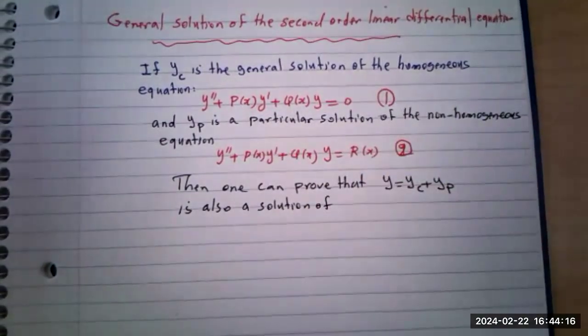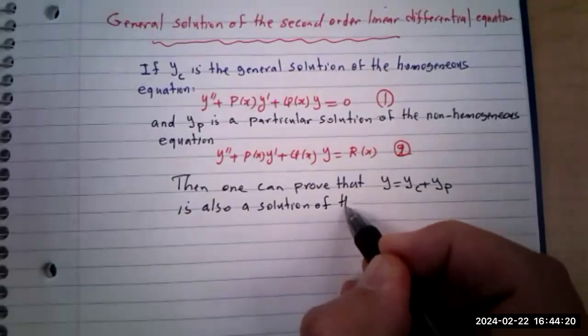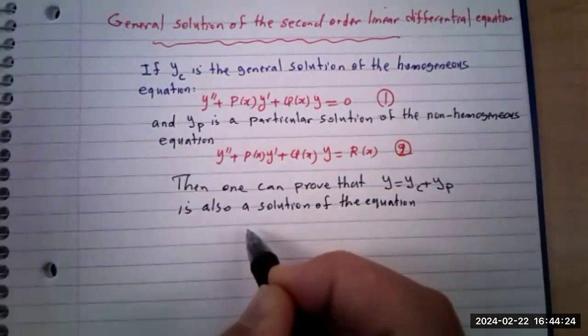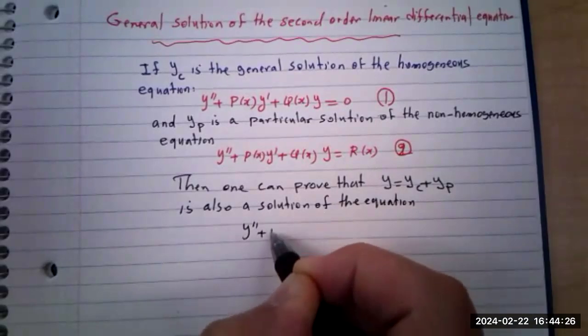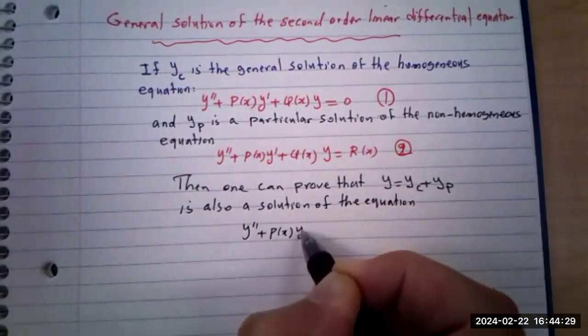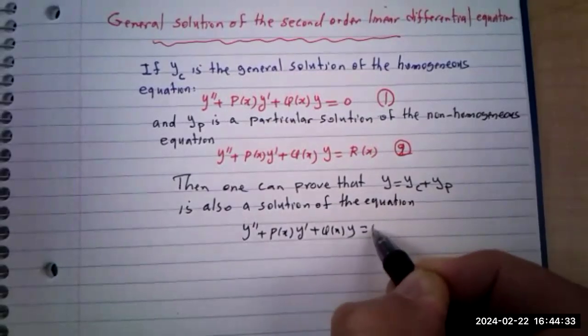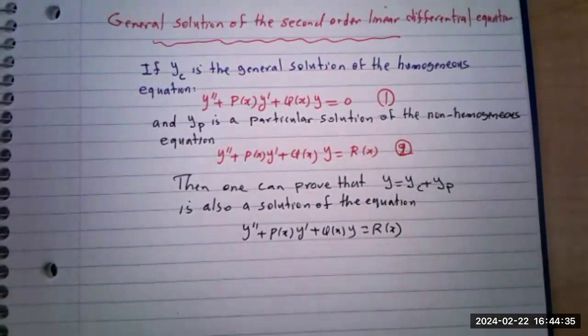Then one can prove that y equal to yc plus yp is also a solution of the equation. I just repeat it: y double prime plus p(x) y prime plus q(x) y equal to r(x).